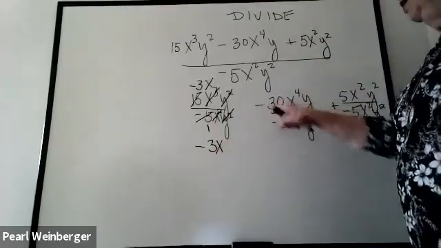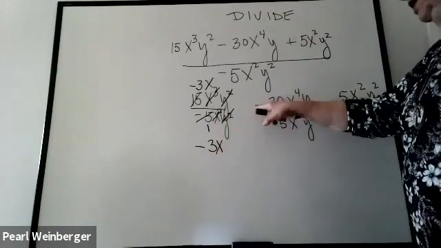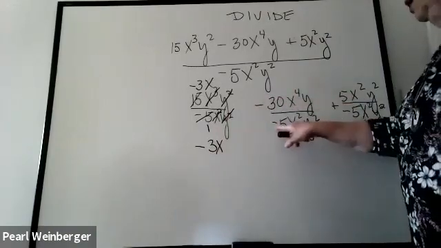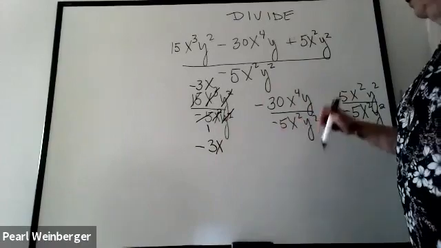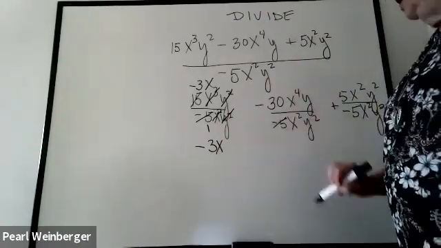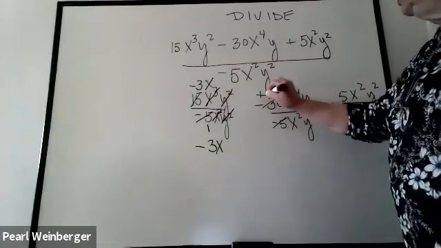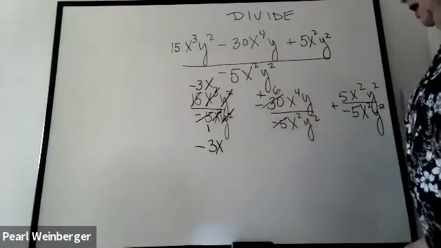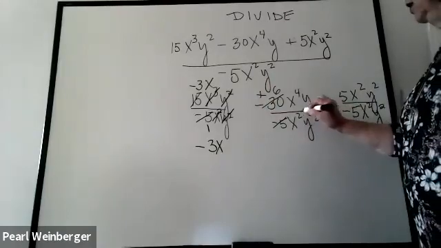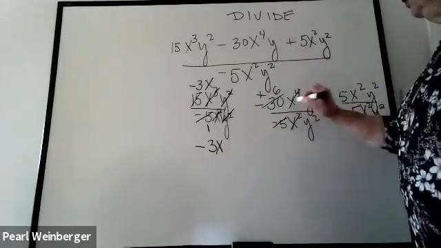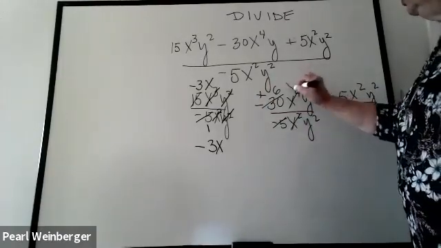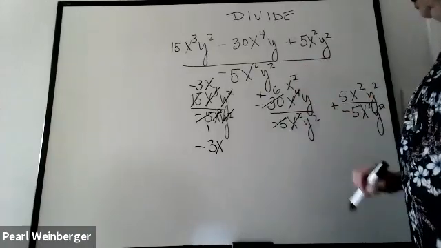Now this is a negative 30 because this negative really goes to the top. And this is a negative 5. So I can cancel out the negative 5. Negative 5 into negative 30 will give me the plus 6. With the x's, the x squared cancels out. The x to the 4 minus 2 is 2. So this becomes x squared.